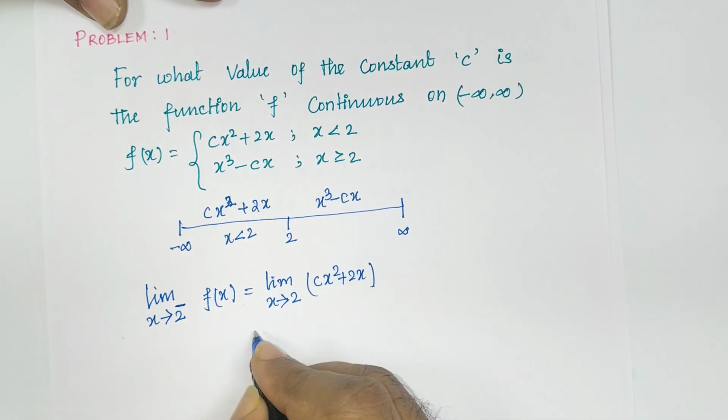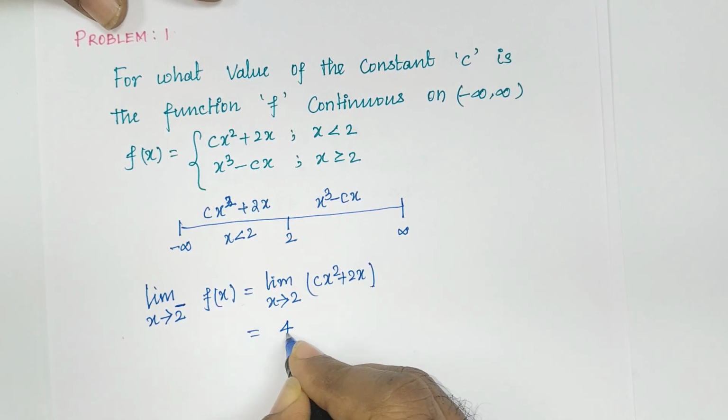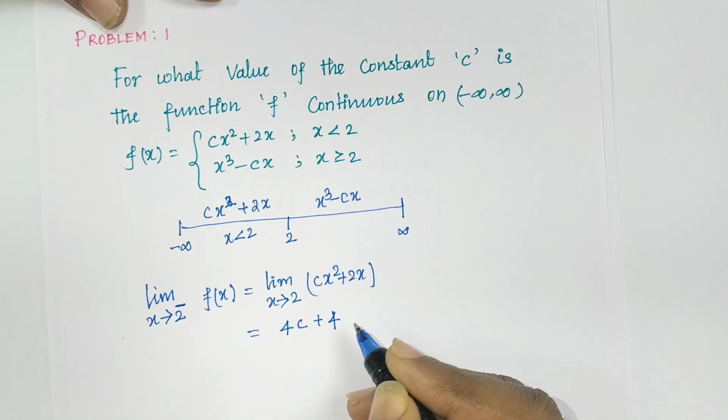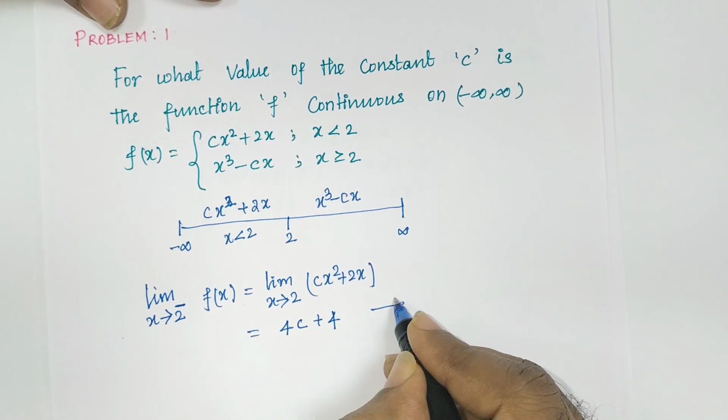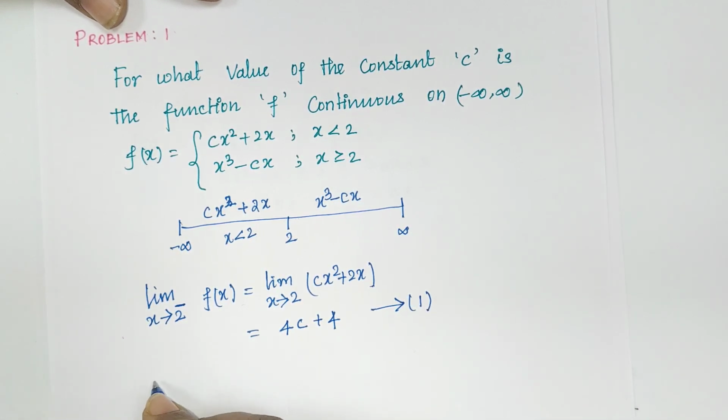Okay, here you can substitute x equal to 2. 2 square you will get 4, so 4c plus x equal to 2 plus 4, which is equation number 1. And similarly you can find the right hand side limit.